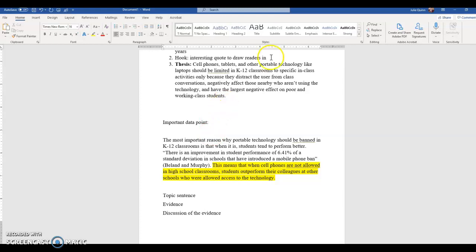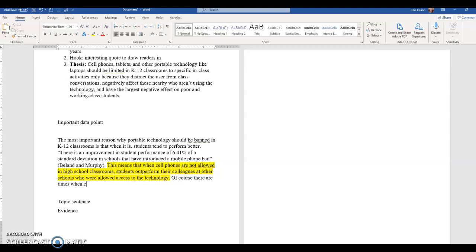So my argument was limited to in-class activities, and I can now expand from that piece of data and say, of course, there are times when cell phones or tablets are effective in class activities, such as students performing or watching a particular video.